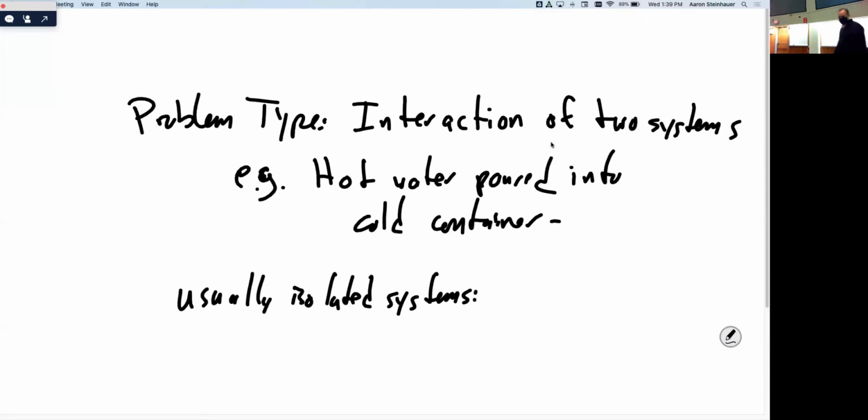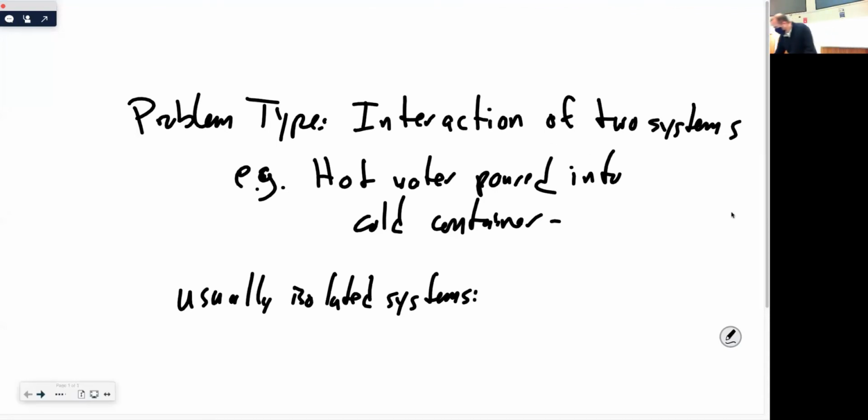Okay. So what I was just saying, isolated systems, meaning we're putting the whole thing in an isolated container and we're not allowing any energy in or out. So what does that mean? It means that Q_tot equals 0. There is no energy. Whatever energy you brought into this, you stay with it.